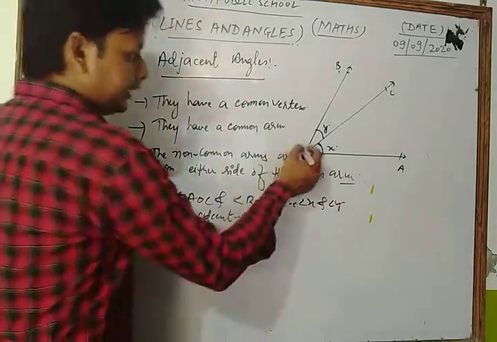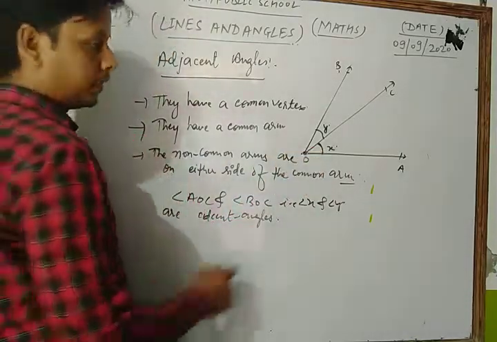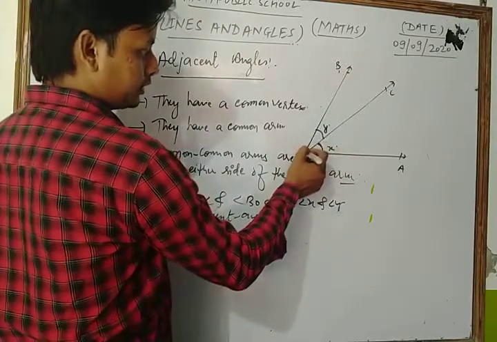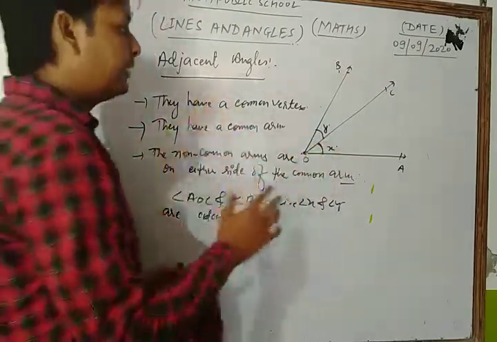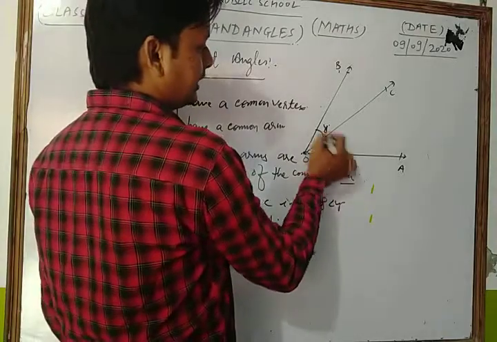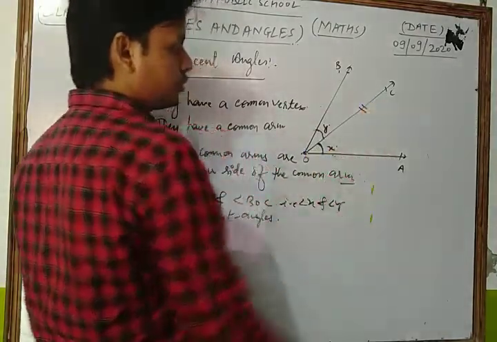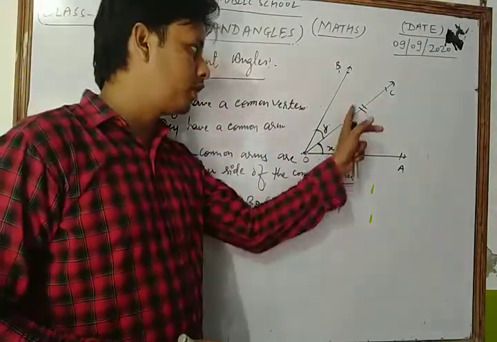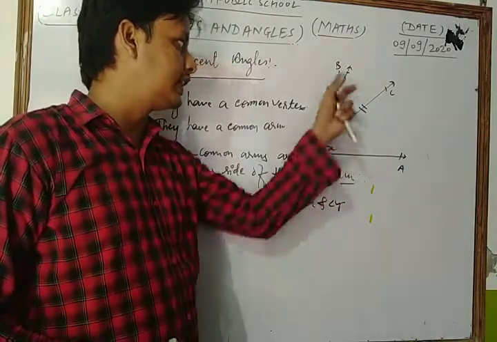Let's see, they have the same vertex O. Both angles have the same vertex O. And they have a common arm. What? OC. OC is the common arm of both the angles AOC and BOC.